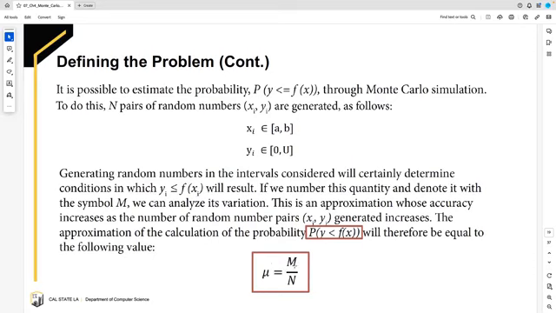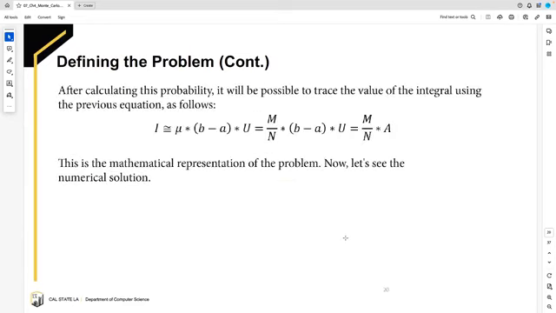So we have M as those numbers which are good, and then capital N is the total number of random numbers that we generated, okay? So it gives us mu, which is, again, the probability of having values which are in the gray area.